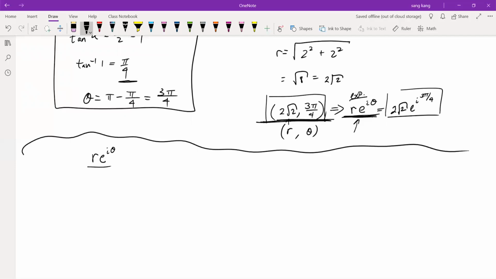So let me write that first. e to the x would be 1 plus x plus x squared over 2 factorial plus x cubed over 3 factorial plus dot, dot, dot, right? So it starts from that. This is Euler's formula, but you can see this is where it's coming from, right?